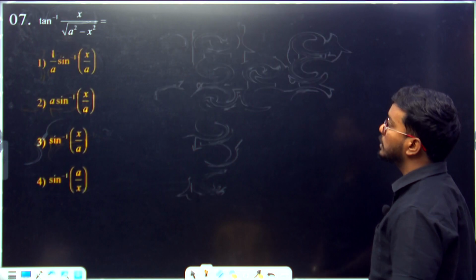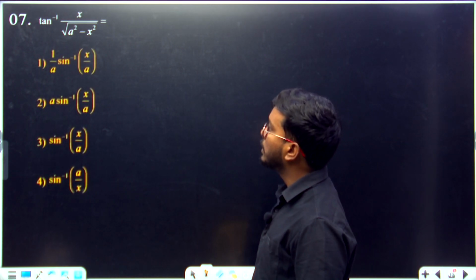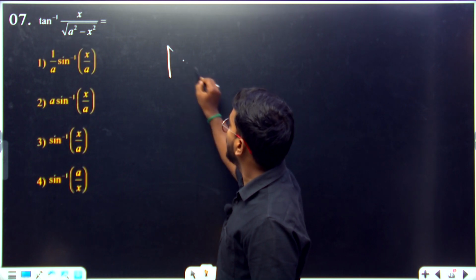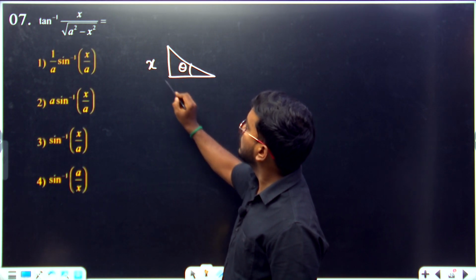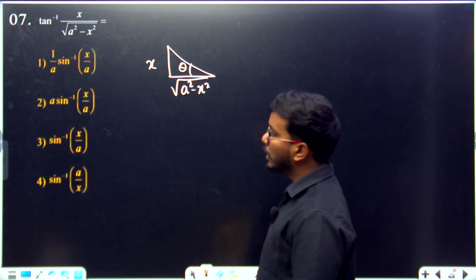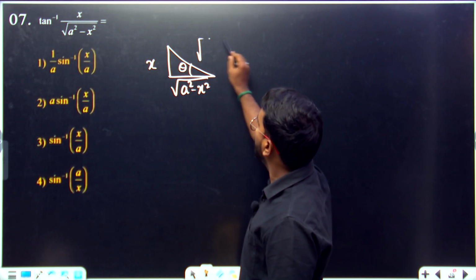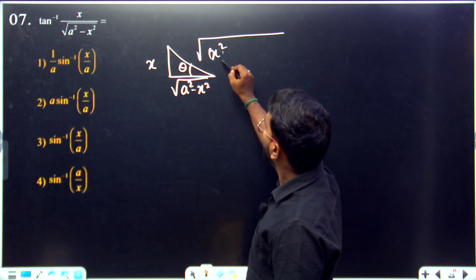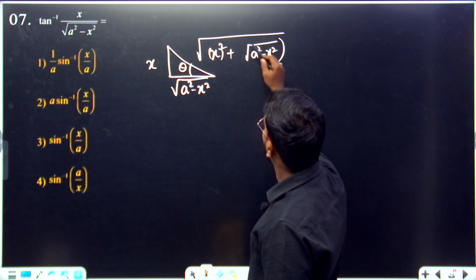Moving on to the next question. Tan inverse of x by root of a square minus x square. If I draw a triangle in here, the tan inverse is x, and this one is root of a square minus x square. If I want to write in terms of sine inverse, we require the hypotenuse. The formula is x square plus root of a square minus x square whole square.